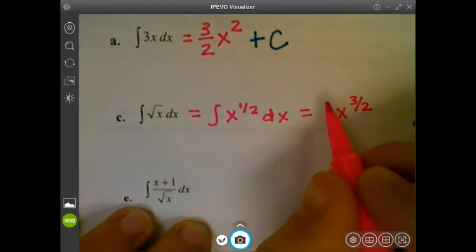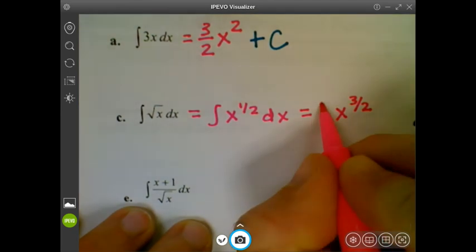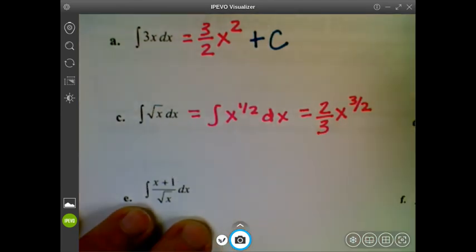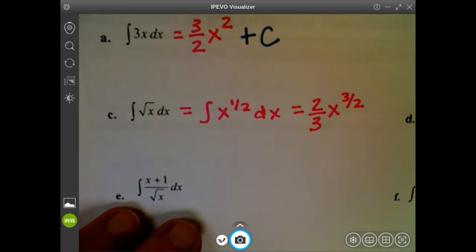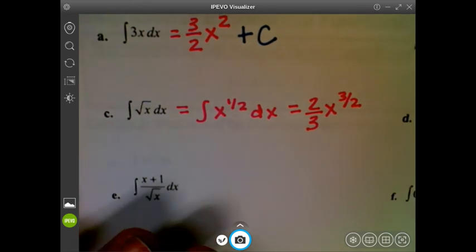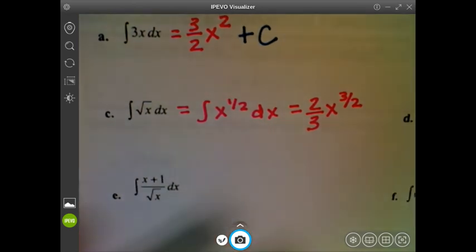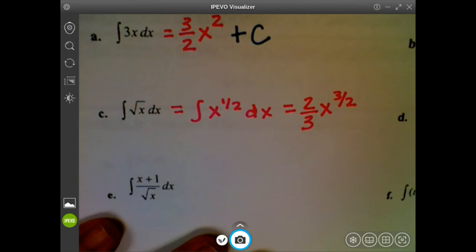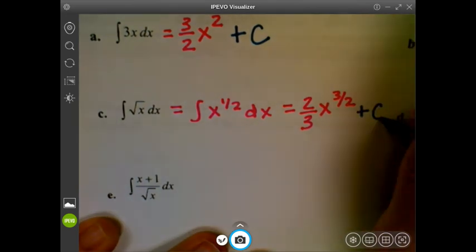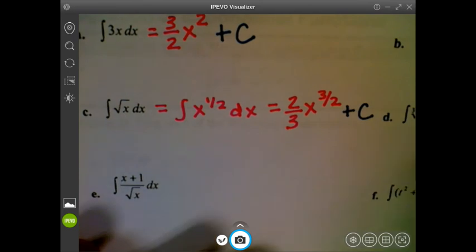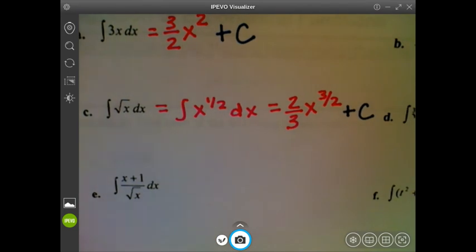So there technically is a 1 right here. 1 divided by 3/2 is 2/3. It's the reciprocal of that. So if you ever have to divide by a fraction, multiply by its reciprocal and you'll be fine. And then last but not least, don't forget to include your constant that could be at the end of that. Like there could be a plus 1, plus 8, plus 50, minus 2, anything like that, just kind of chilling at the end.